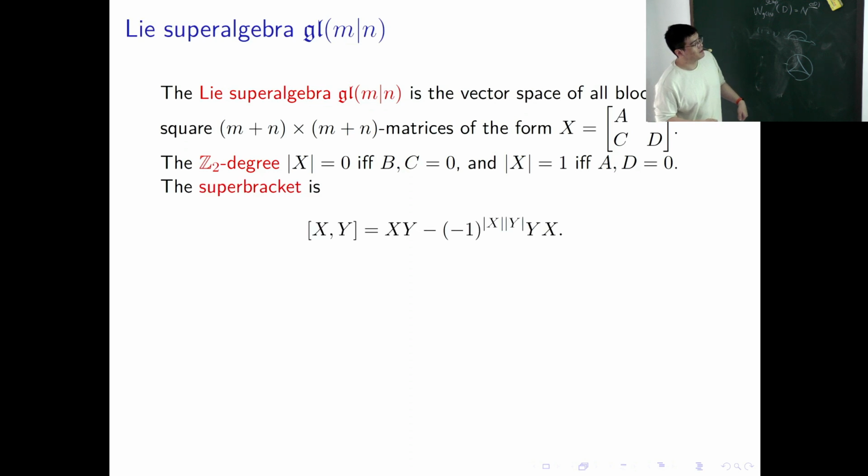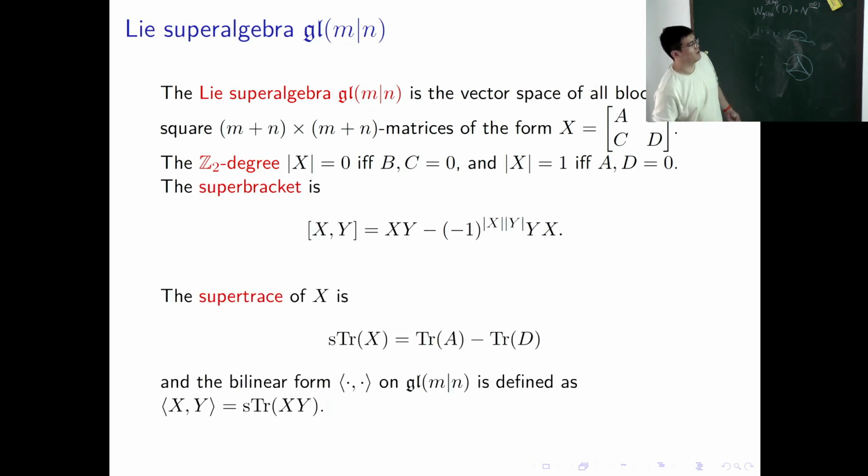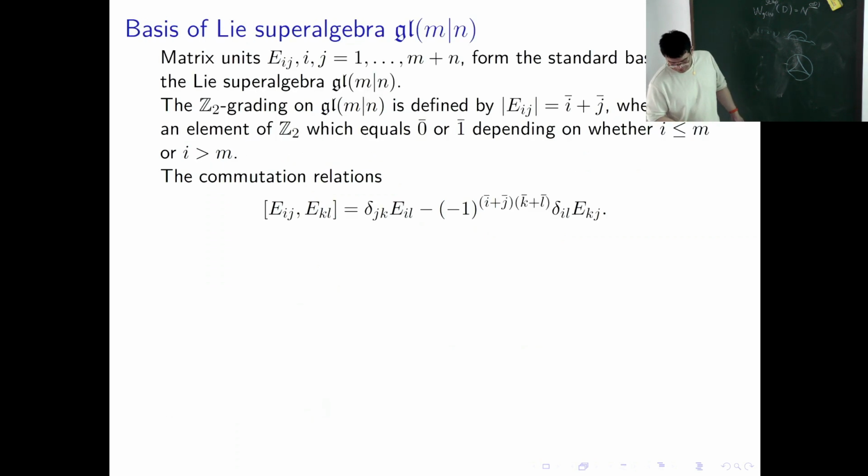So by this idea, you have gl(m|n), you get the super bracket [x,y] equals xy minus (minus 1) to the power of the parities of x and y times yx. Supertrace is trace A minus trace B. And I use this as a bilinear form. And take the basis E_ij, i, j from 1 to m plus n. This is the standard basis of the Lie superalgebra. And get a commutation relation like this.